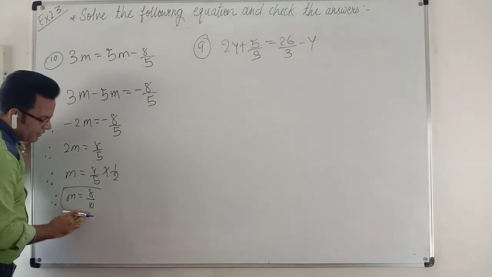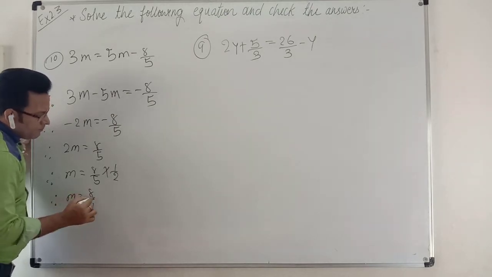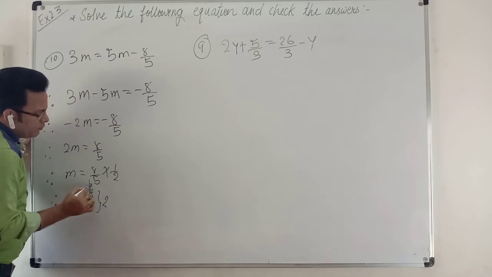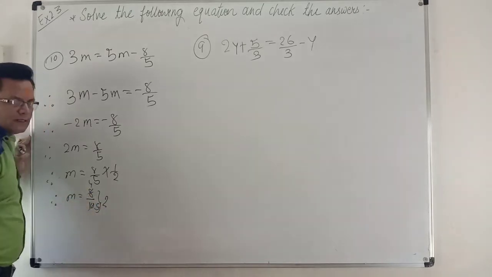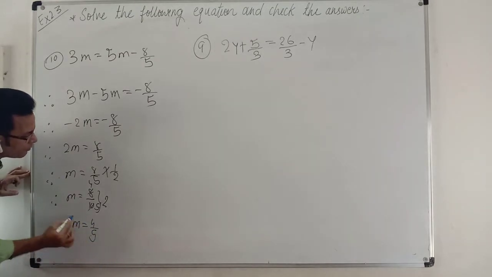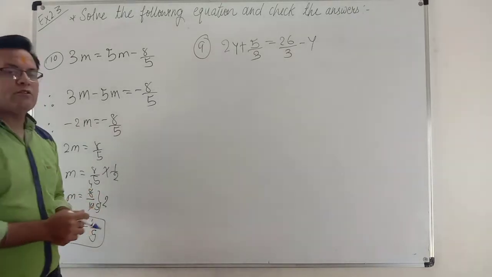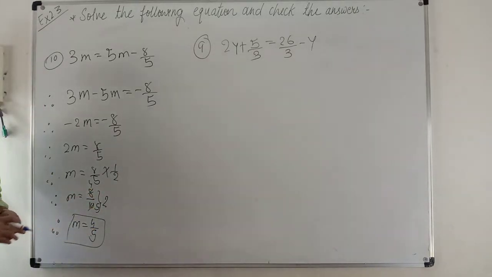You can reduce this with the 2 fours are and 2 fives are. Therefore, m is equal to 4 upon 5. Now, we have to substitute this value of m into both the sides.